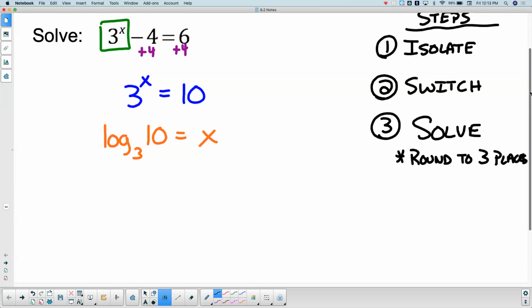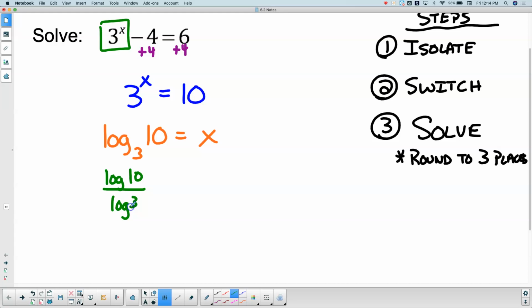So we need to figure out what log base 3 of 10 is. Well, is there an exponent that I can put onto 3 to get me 10? No. So that means we're going to the calculators. We're going to use change of base. So this is either going to be log of 10 divided by log of 3 or natural log of 10 divided by natural log of 3.